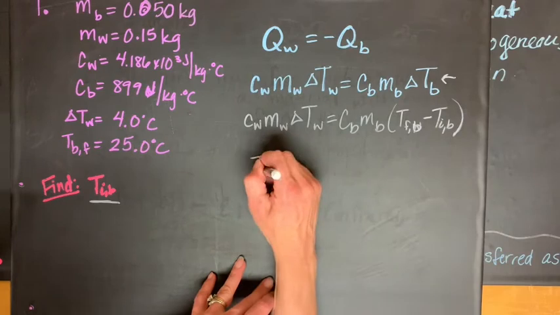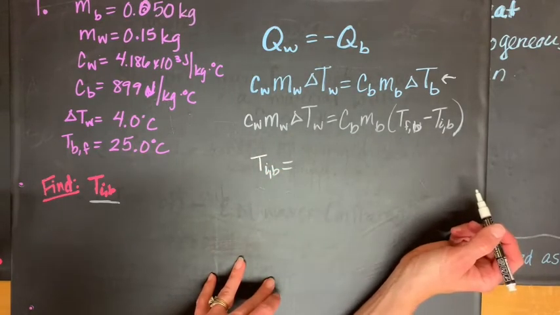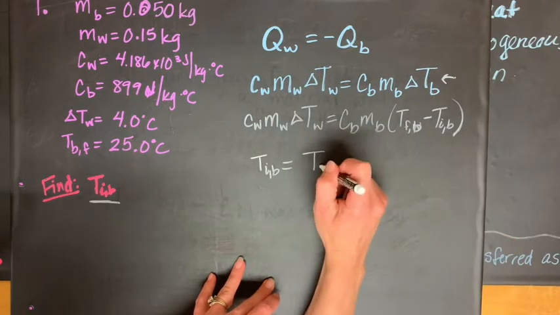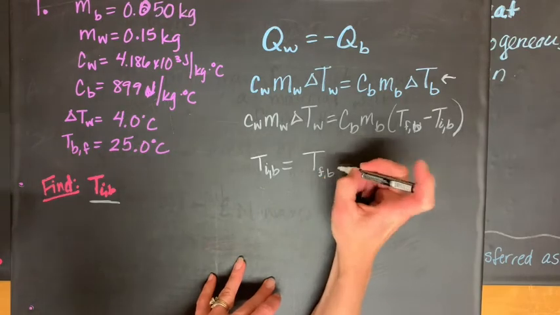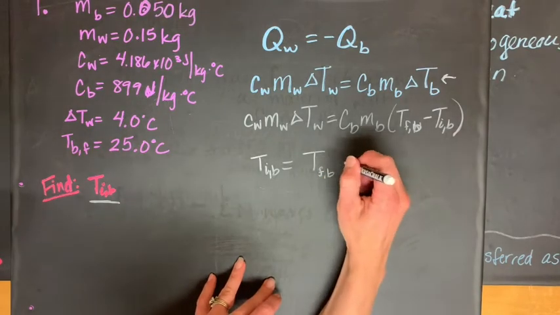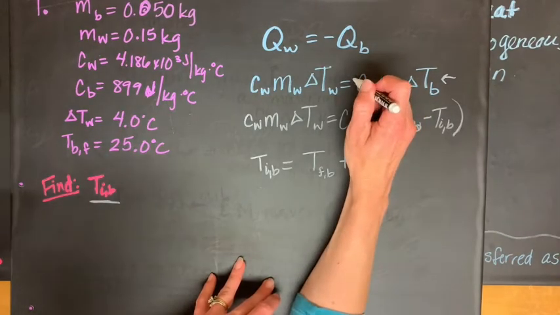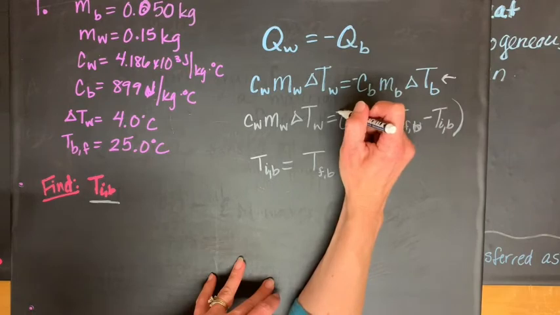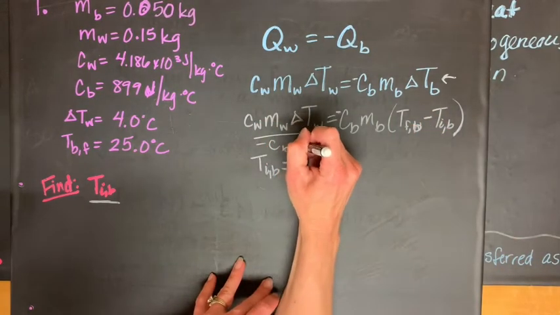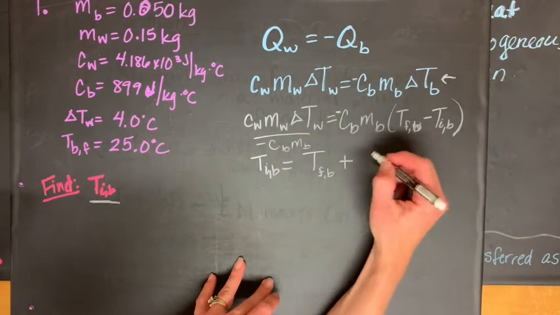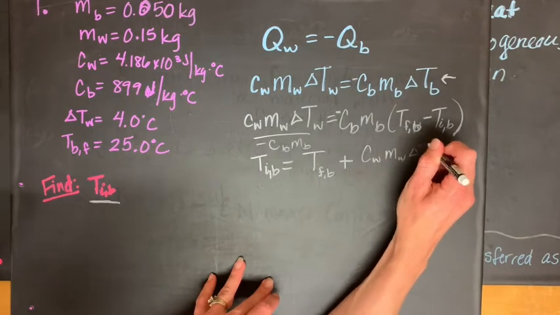So I end up with T initial is my... I've dropped a negative. So remember, these are negative. So when you divide by this, you end up with a negative here, so you can add it. You end up with specific heat of your water, mass of your water, change in temperature of your water.